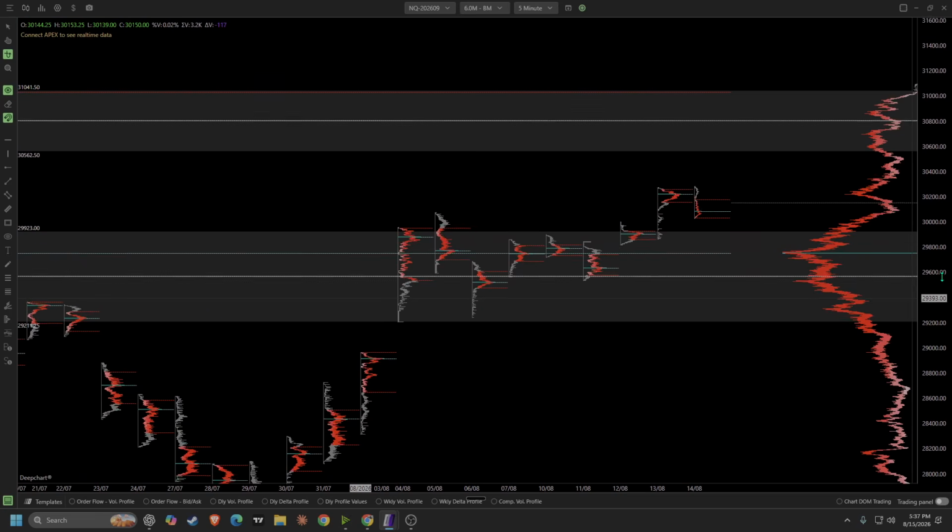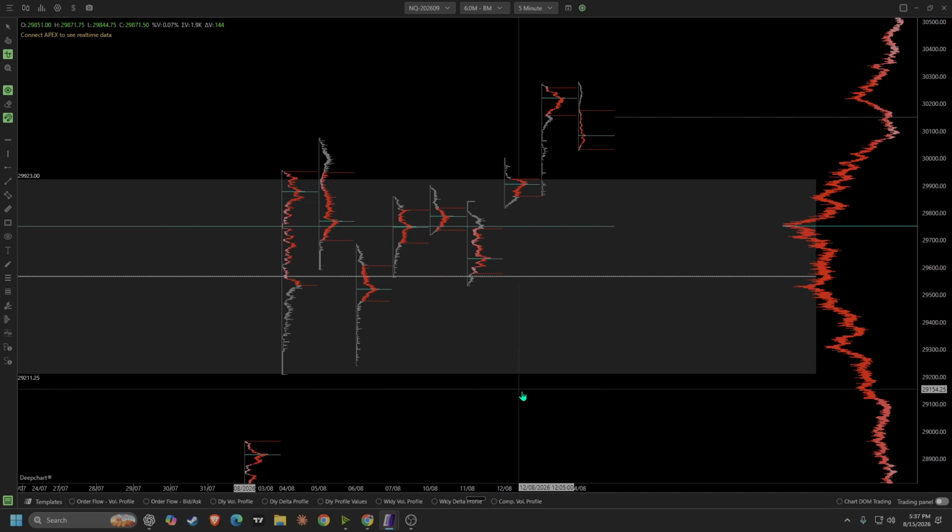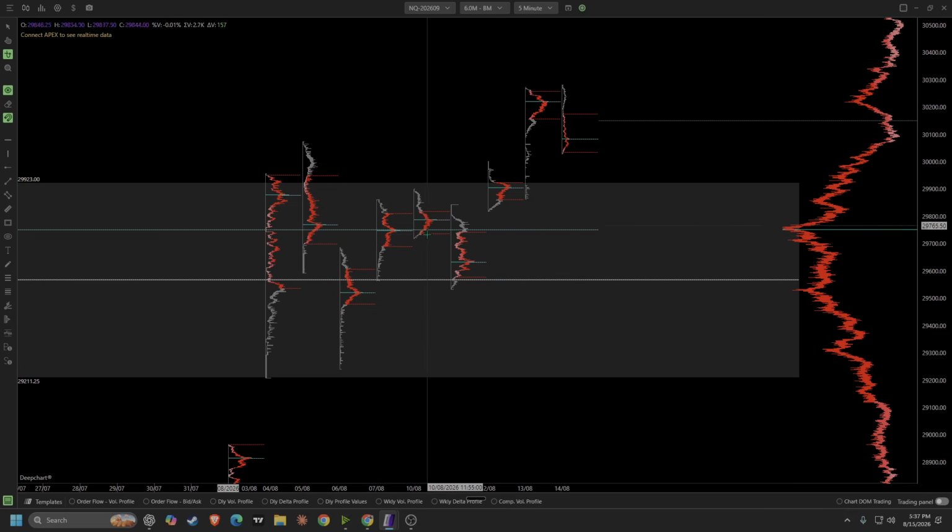So we'll start with this week right here. We had 2 days where the red area is basically the value area. Most of the trading occurred within these two profiles. So these 2 days, August 7th, August 8th.